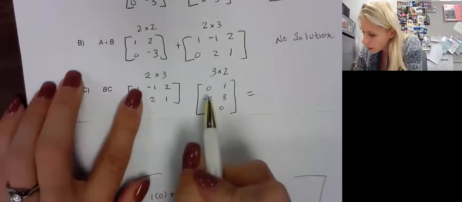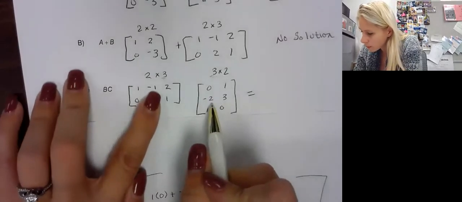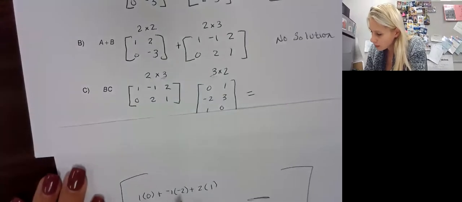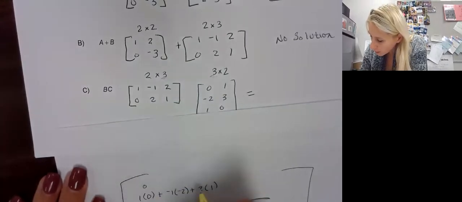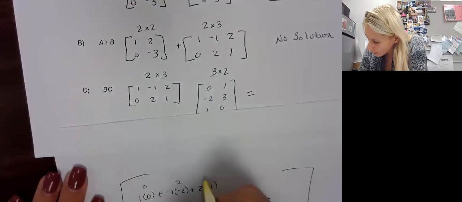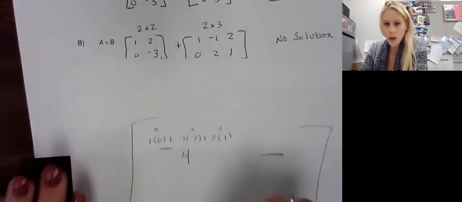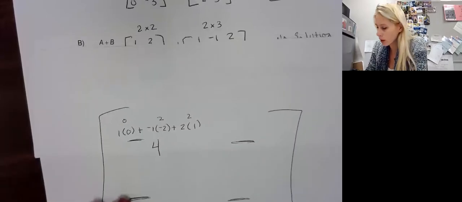Again, 1 and 0, negative 1 and 2, 2 and 1. 0, 2, and 2. So right here, the element is 4. Sorry, you didn't get to see my work there.